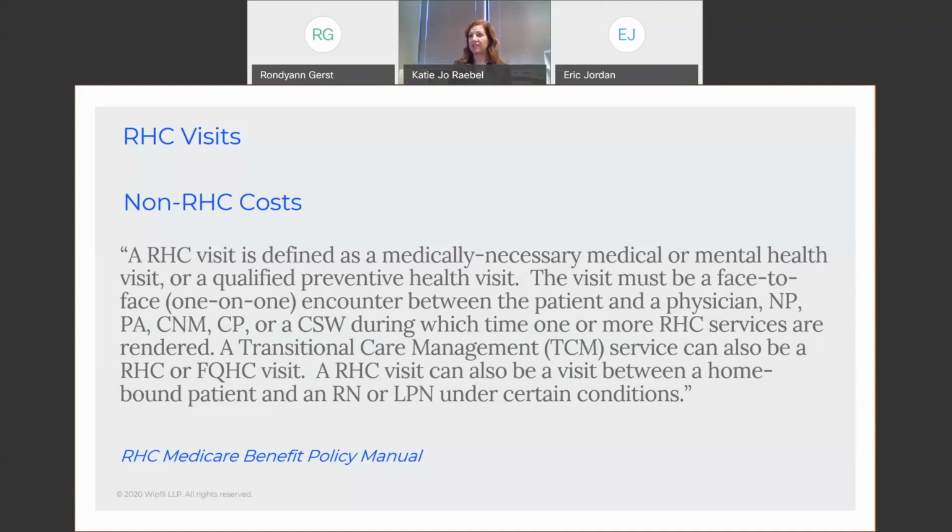Is it face-to-face? Is the patient in the clinic? Or is it a home visit where it's face-to-face? And is it with an RHC defined practitioner? We went through those defined practitioners again: our physicians, our NPs, PAs, certified nurse midwives, our clinical psychologists, and clinical social workers. Those are really the three components when we're counting visits.